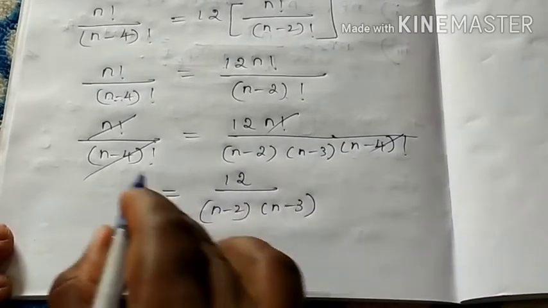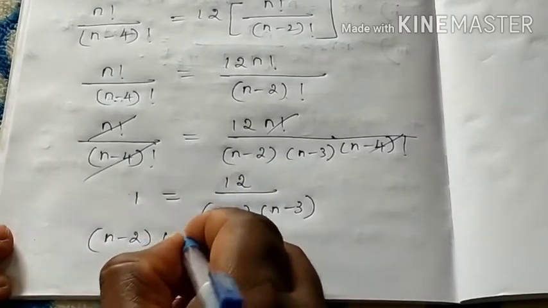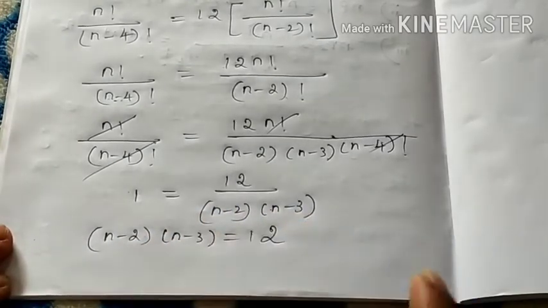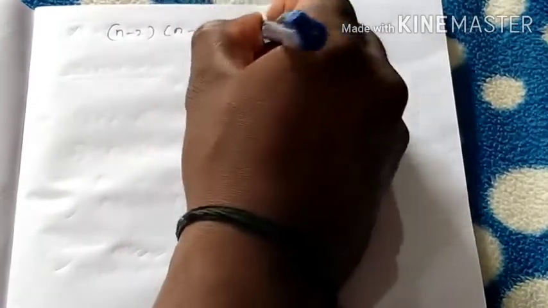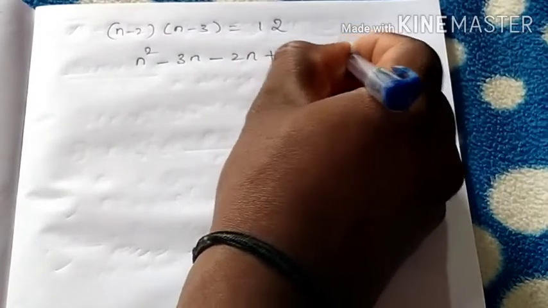Making the transposition, we get 1 into this term: (n minus 2) into (n minus 3) equals 12. Multiply: n into n is n square, minus 3n, minus 2n, and minus into minus plus, 2 threes are 6, which is equal to 12.